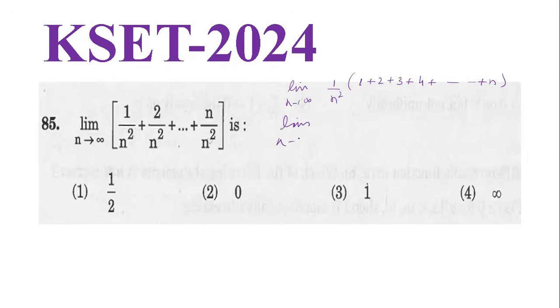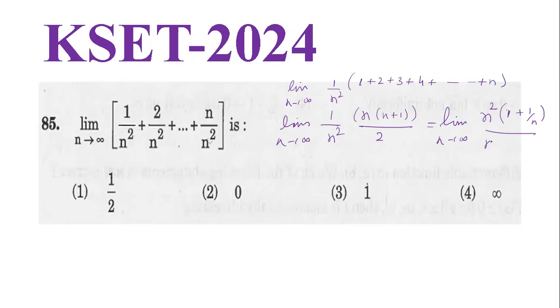Limit n tends to infinity 1 by n square. This value becomes n into n plus 1 by 2. This is equal to limit n tends to infinity n square (1 plus 1 by n) divided by n square into 2.